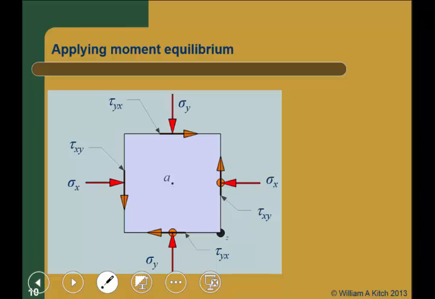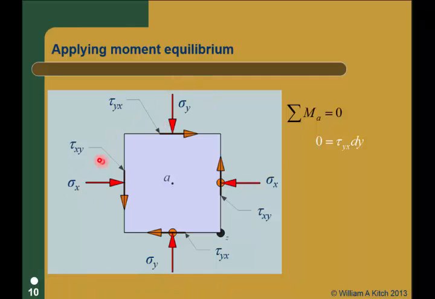So now I just want to look at one plane. We're basically looking at a z plane. So I have sigma y and sigma x, and we're going to use moment equilibrium to show us what's going on about point A. If I use moment equilibrium about point A, it's obvious real quick that none of these normal stresses have any moment, right?